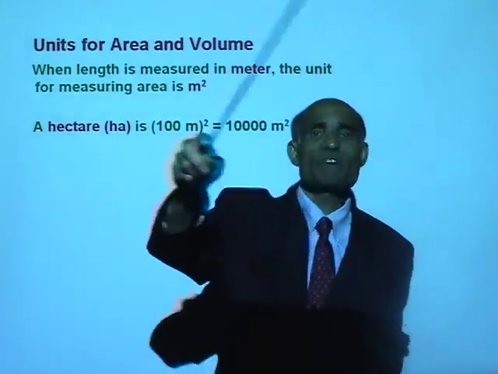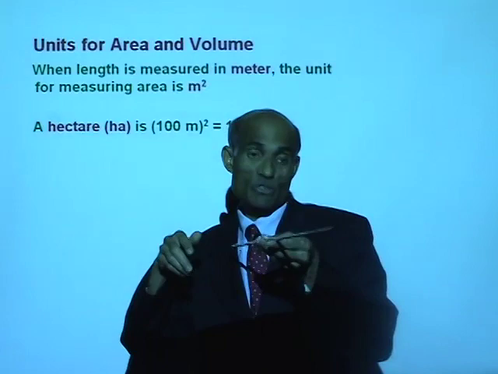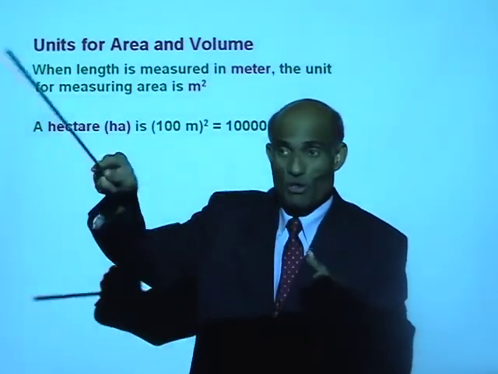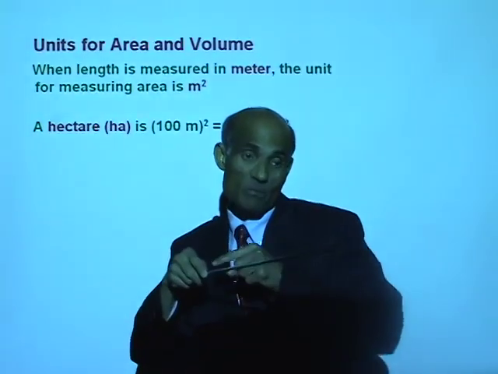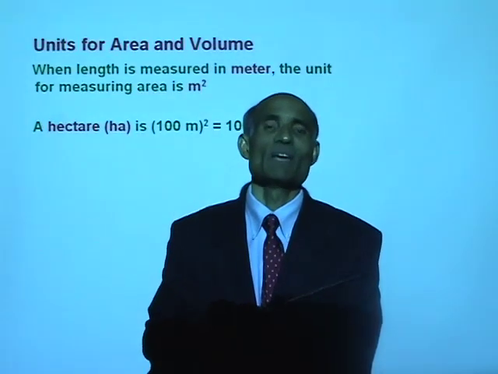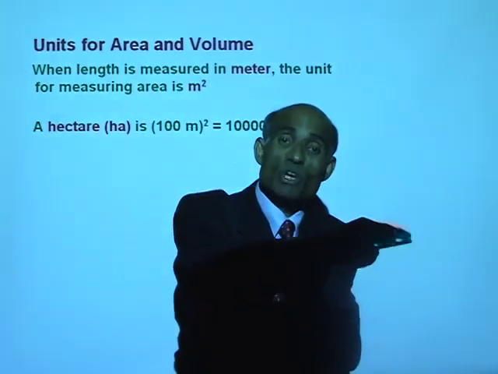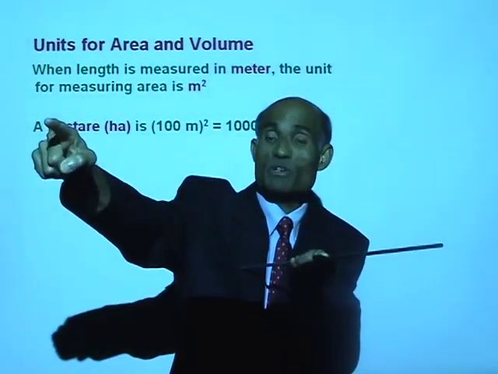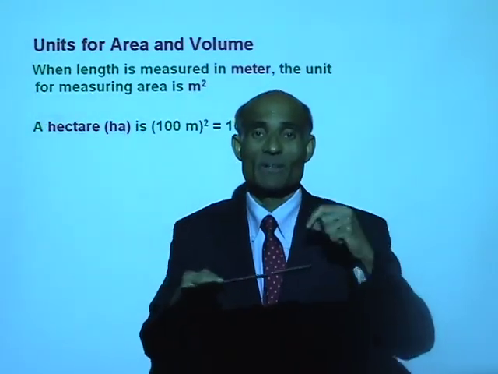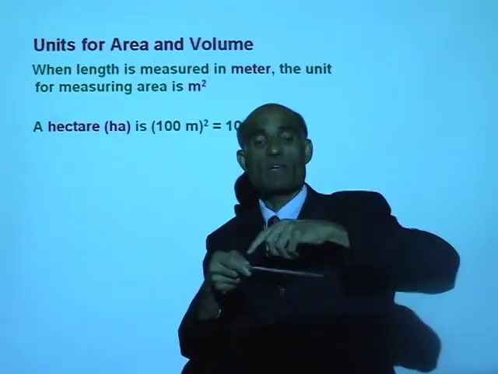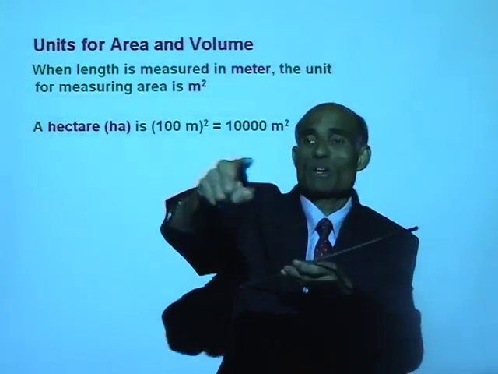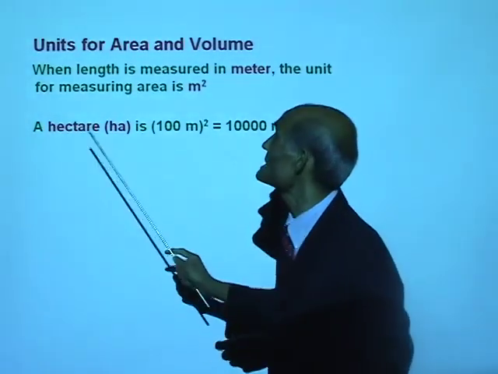Can you think of a field 100 meter long and 100 meter wide? Alright, I'm going to repeat it. The area of a field that is 100 meter long and 100 meter wide is a hectare.